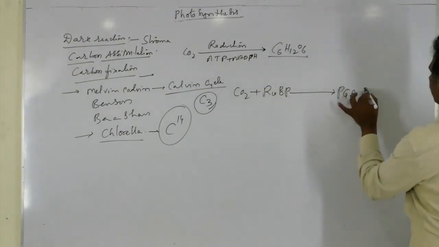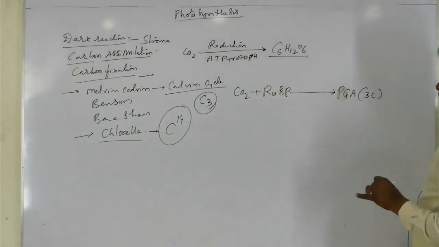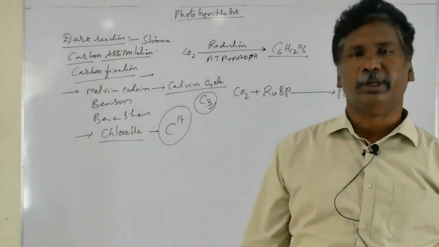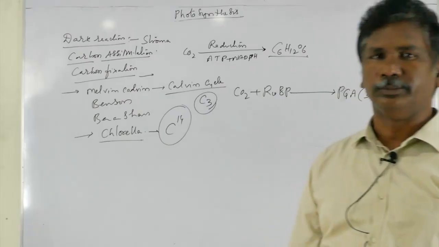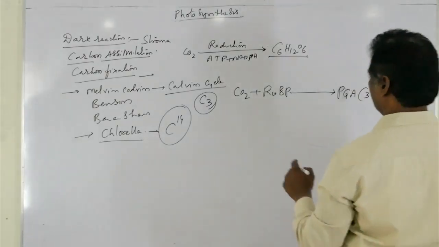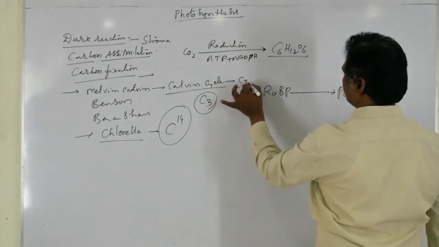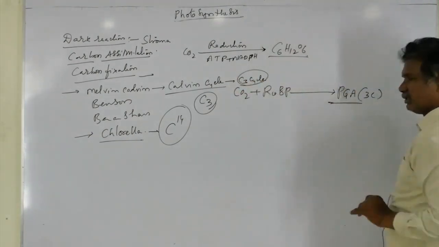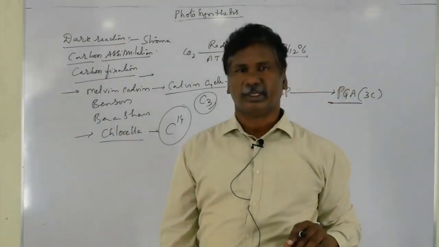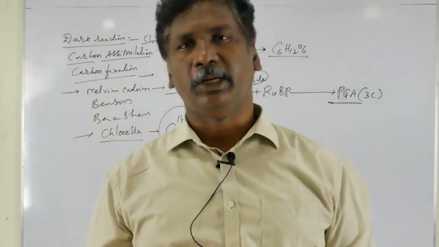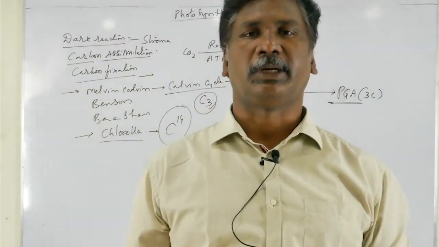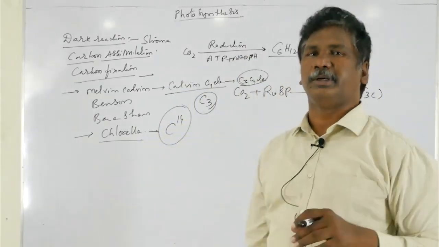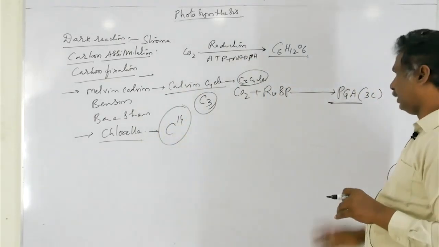That phosphoglyceric acid has three carbons, hence it is called the C3 cycle, because the first formed compound is phosphoglyceric acid.